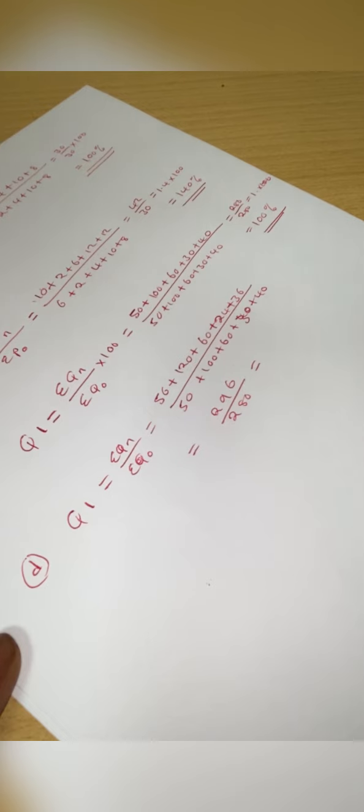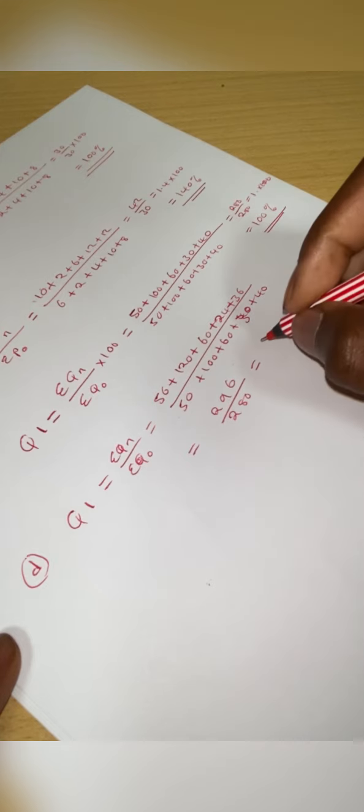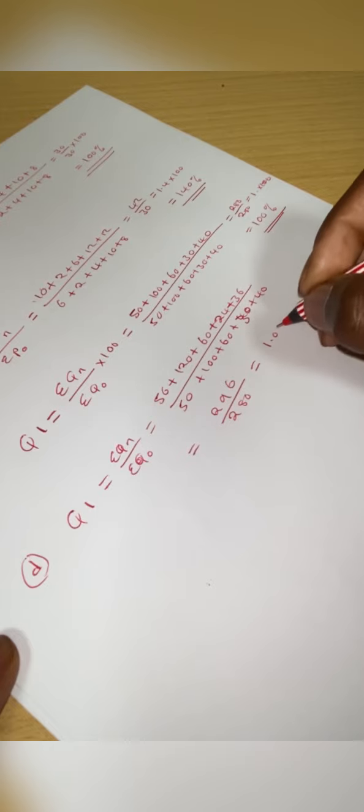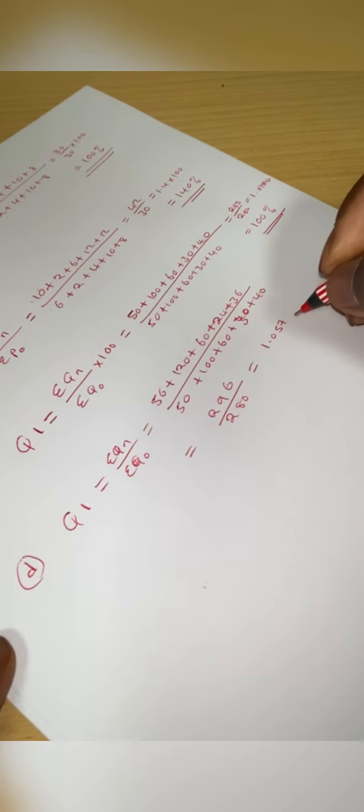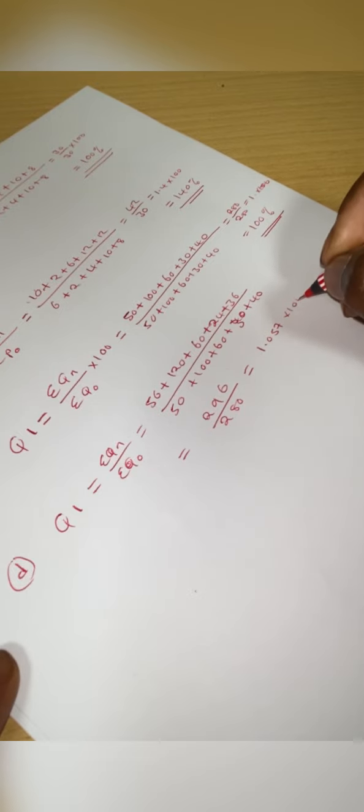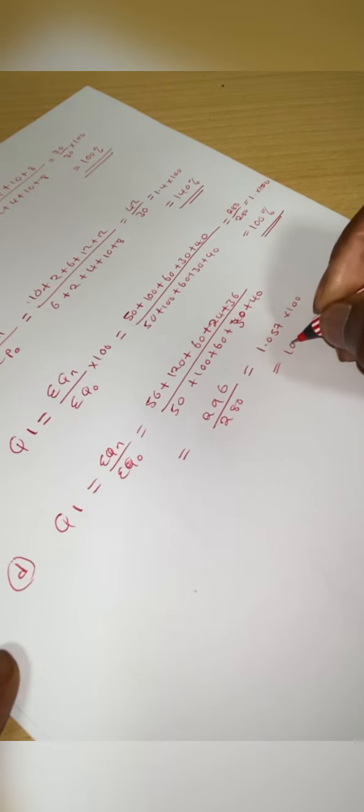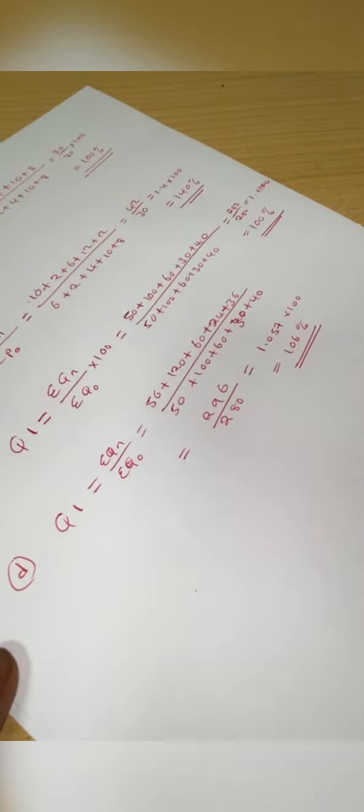So we can divide and see what we're going to get. 296 by 280 is giving us 1.057. When we multiply by 100, this gives us 106%. That's about D.